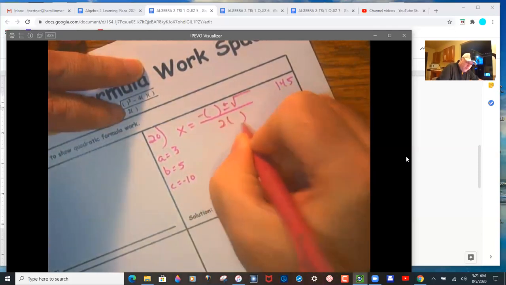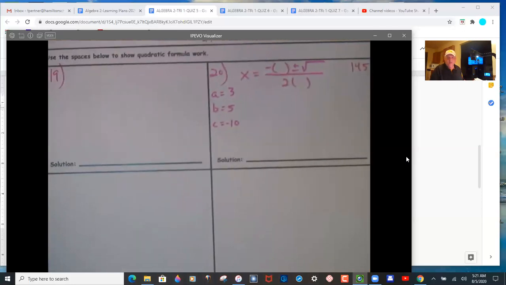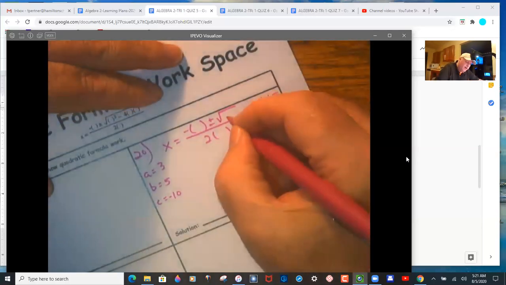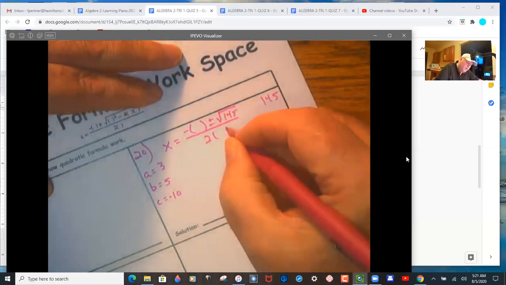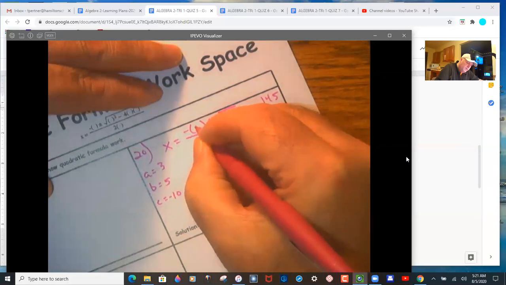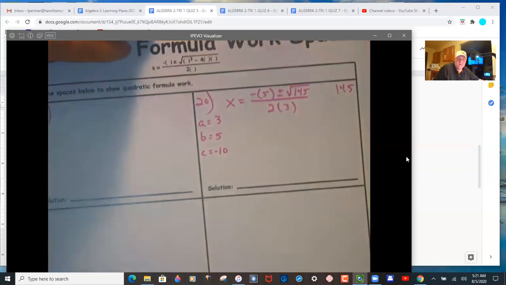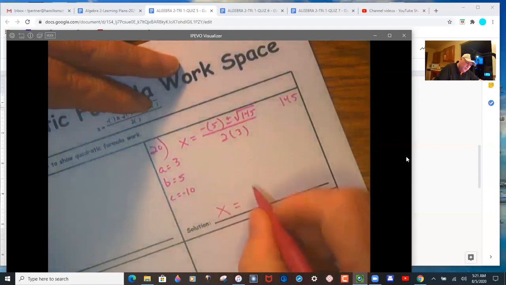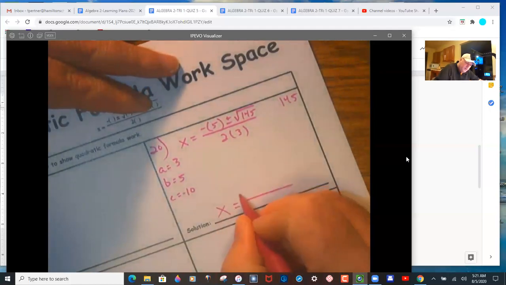If you had to reduce, you could literally type square root of 145 into a search engine bar, and somewhere it would pull up a square root reducer. So 145 is what goes underneath here, and then A is 3 and B is 5. Since that does not simplify, we are good. You go right to the final result.